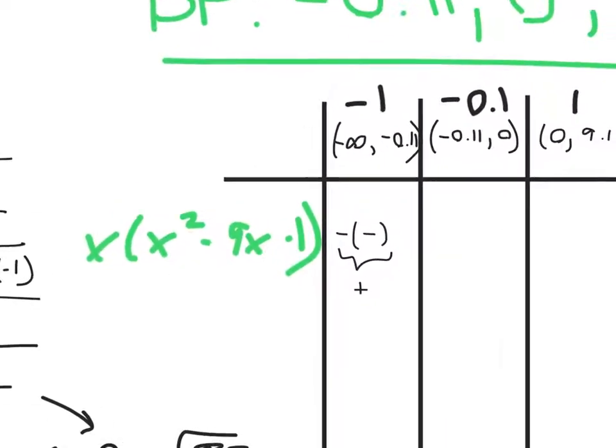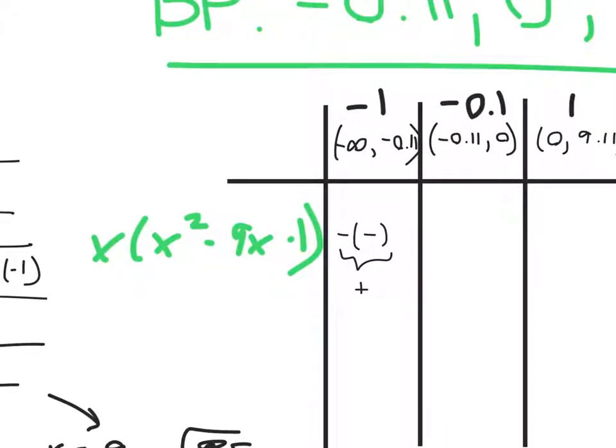We can move on to the next one, negative 0.1. So we know what's outside is going to be negative. What's inside is going to be, when we square it, it's going to be positive. Let's get our calculator out. 0.11 times 0.11.